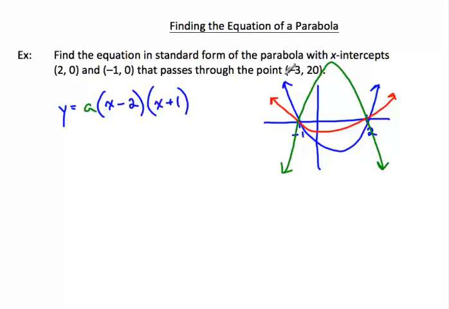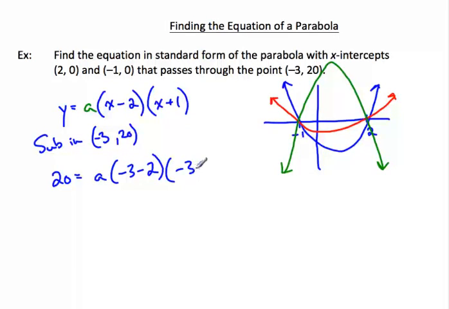Our task now is to find the one that goes through the point (-3, 20). In order to do that, we're going to sub in the point, -3 for x, 20 for y, and solve for a. So we get 20 is equal to a times (-3 minus 2) times (-3 plus 1).